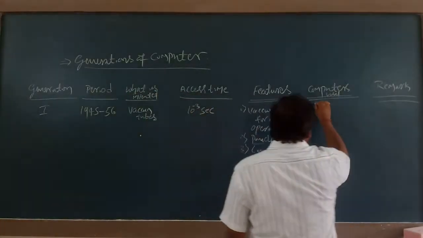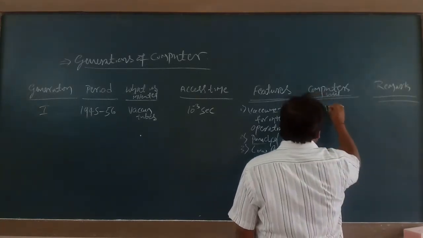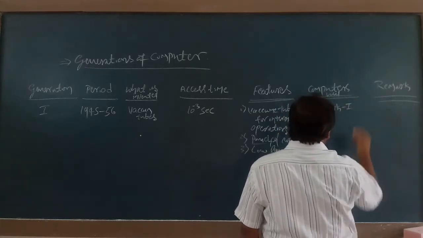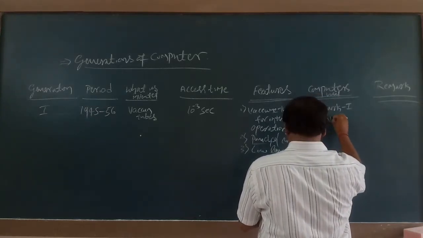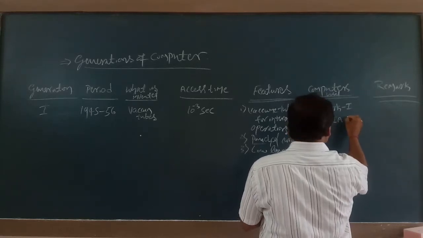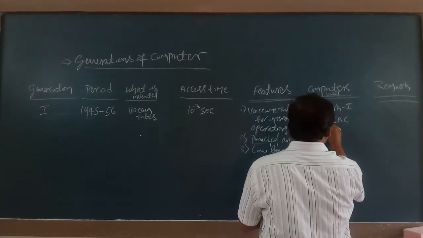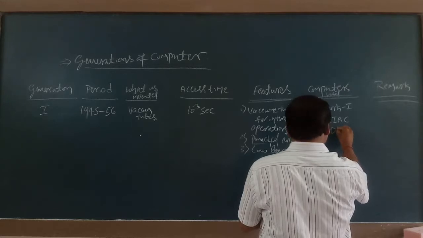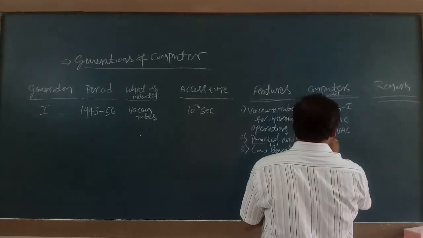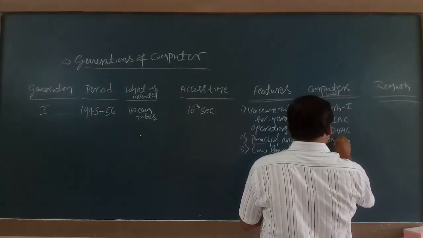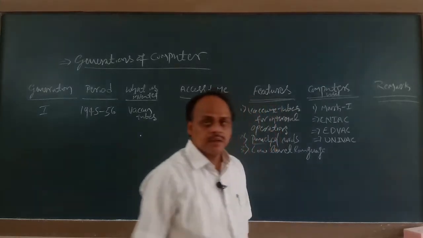He says that the computers used in this generation are Mark 1 computers, and the second one ENIAC, third one EDVAC, and the next we can also observe UNIVAC computers were used.